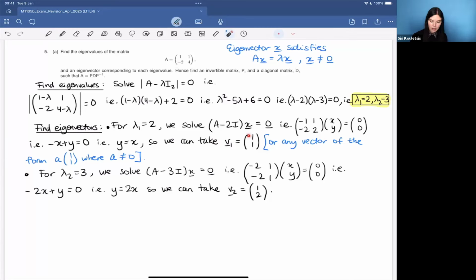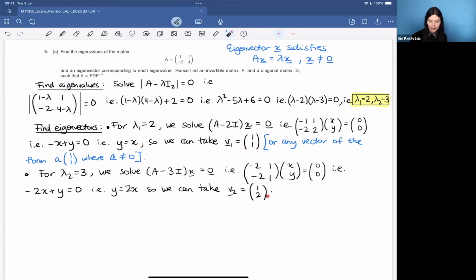So A times the vector 1, 1 should give us what? It should give us the vector 2, 2, because that is 2 times 1, 1. And that's what it means to be an eigenvector of eigenvalue 2. When A multiplies an eigenvector of eigenvalue 2, it stretches that vector by a factor of 2.